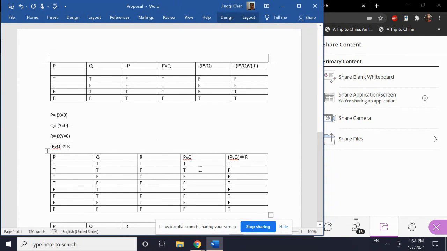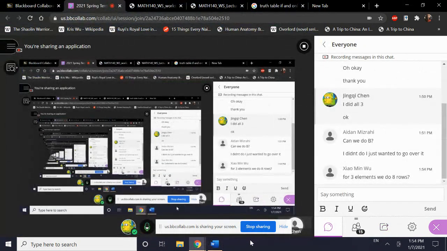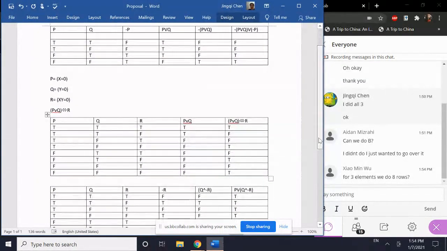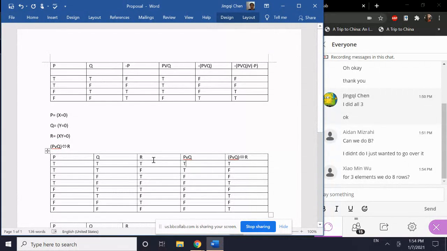So I found all the answers for or. For three, I think it's 8 rows for 3 statements. 8 is all of the possible combinations for 3 variables. Xiaoming, let's not call them 3 elements. We're not talking about sets. We're talking about statements.